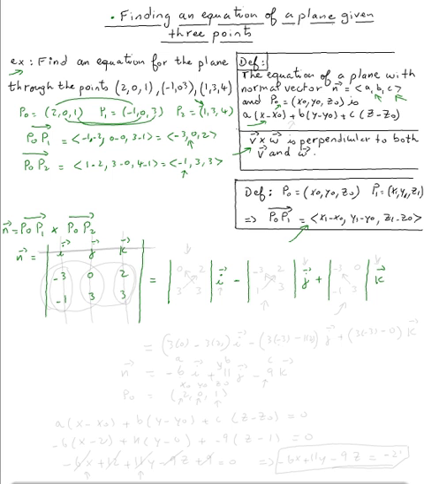Now how do we find this first determinant? Since there's an i here, we go to i and cross out this row and this column, and whatever is left we write here. That will be our first determinant, 0, 2, 3, 3. For j, we cross out its row and column, and what's left is negative 3, 1 and 2, 3.